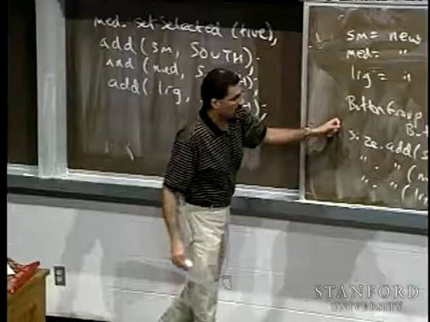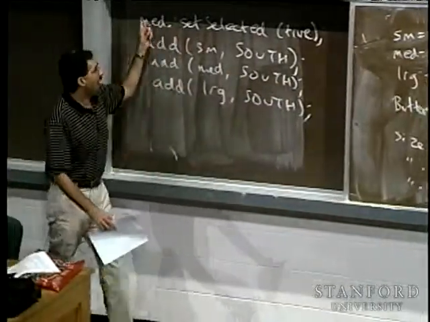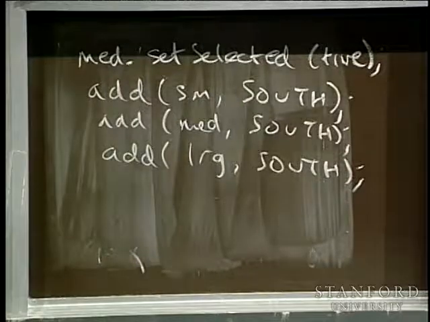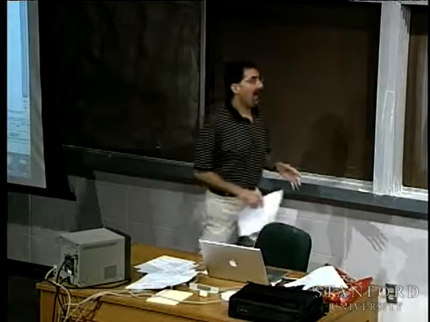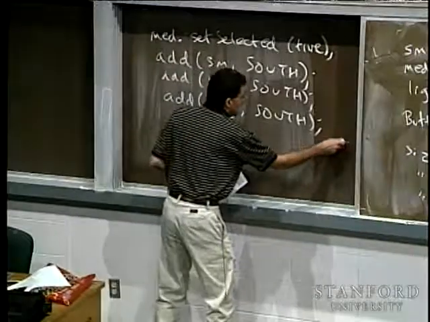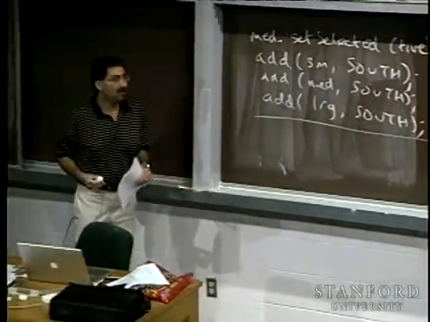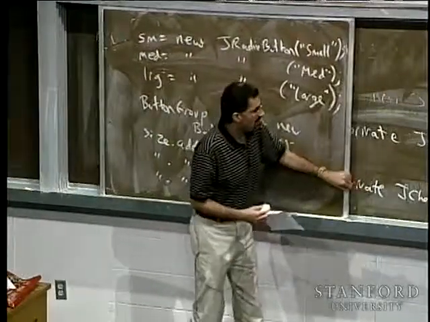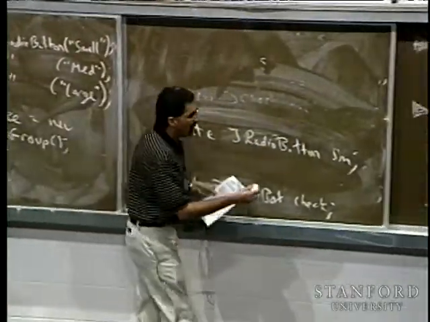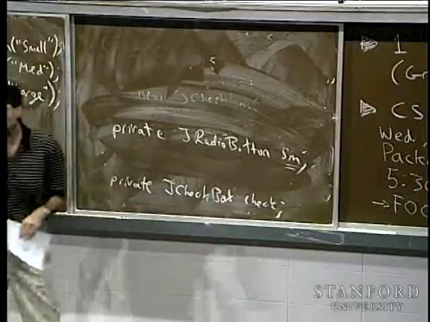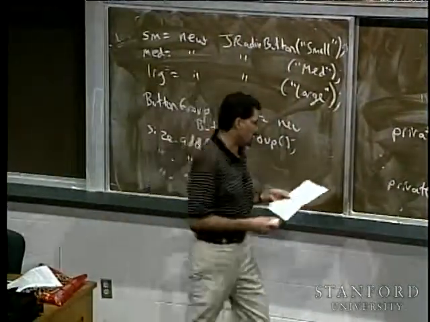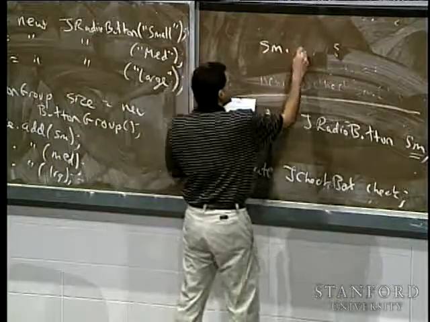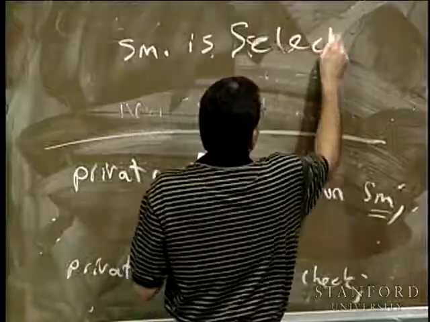I create the buttons, I create the group, I put them in a group, I pick which one out of the group is initially selected, and then I add all the buttons from the group onto the control. Now, how do I figure out which one of these buttons is actually selected somewhere in my program? It's because I made these things private, right? Small, medium, and large should all be private instance variables so that I can refer to them later in the program by saying something like small dot is selected.